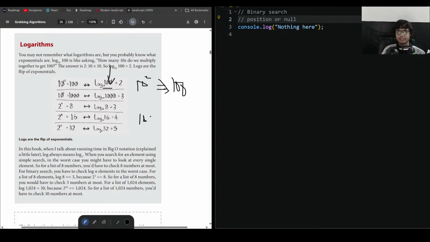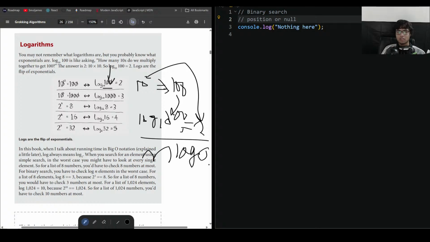Then this is 10. This goes over here. 2. And this goes over here. Like that. Log A and log A.